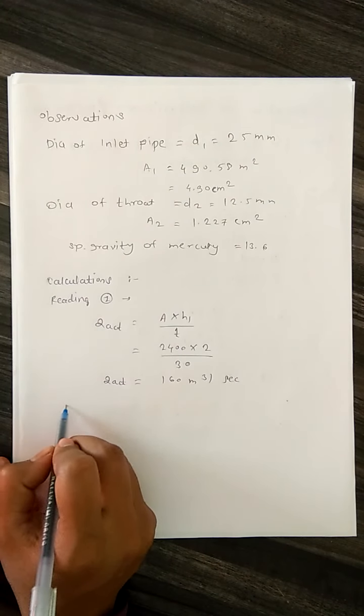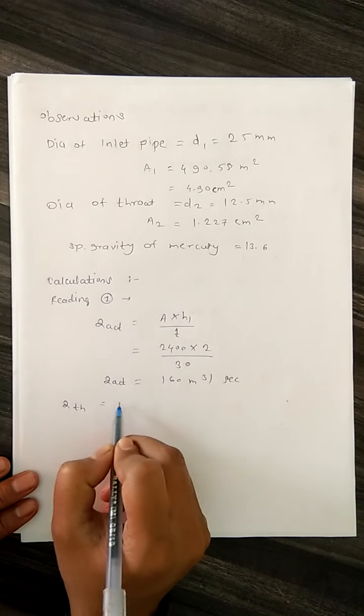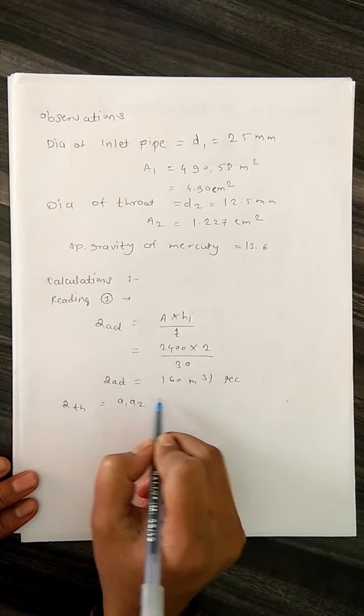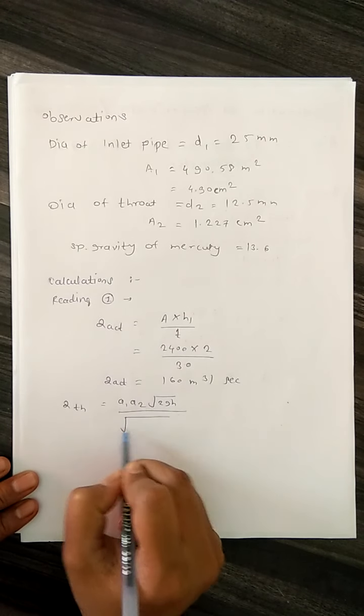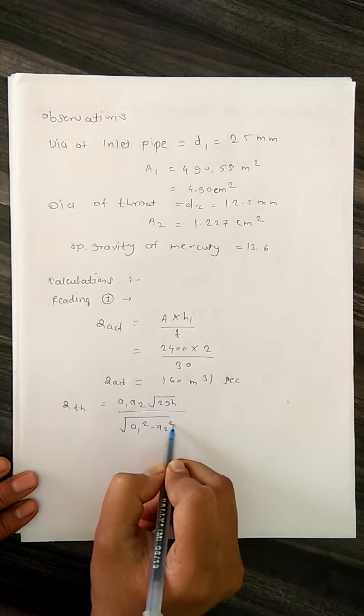From this Q actual we have to calculate the Q theoretical. So we write Q theoretical equal to A1 A2 into under root 2GH divided by under root A1 square minus A2 square.